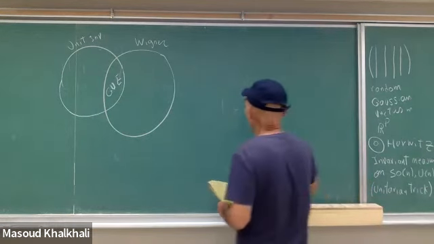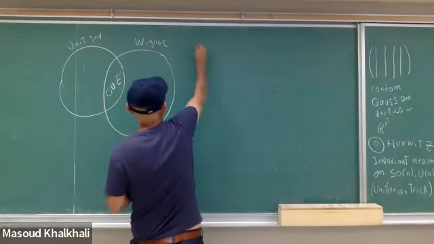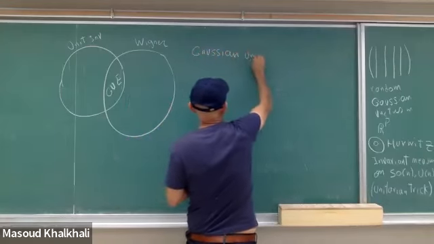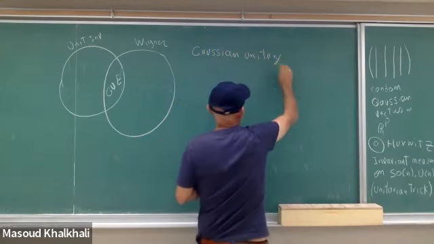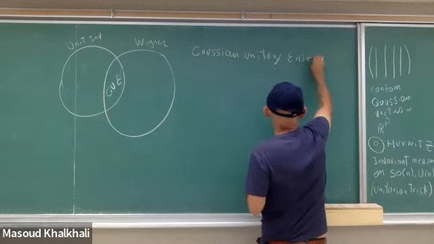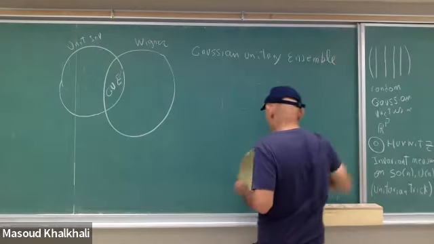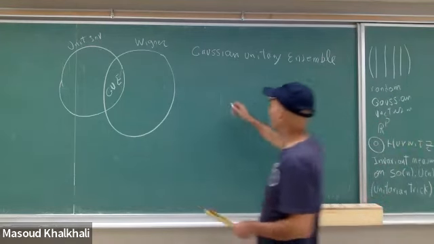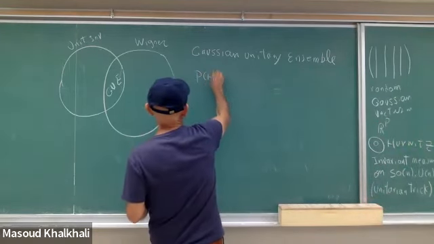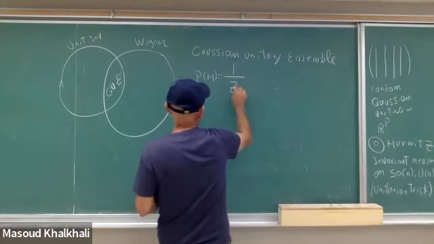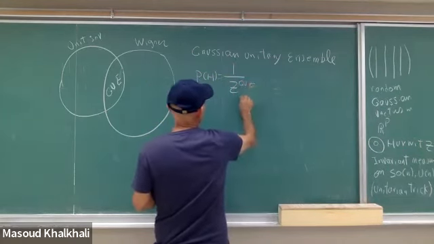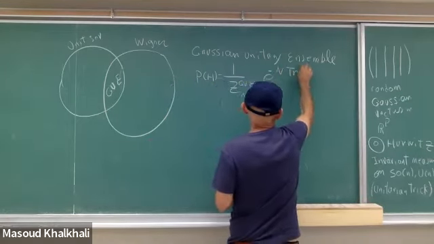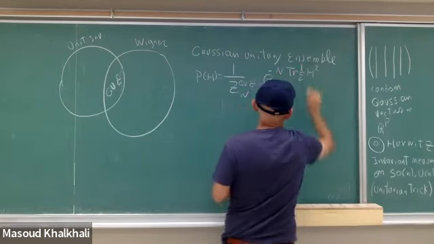So this is the famous GUE, which is the Gaussian unitary ensemble. The probability measure is given by 1 over Z_GUE and e to the minus n trace of 1/2 H squared.